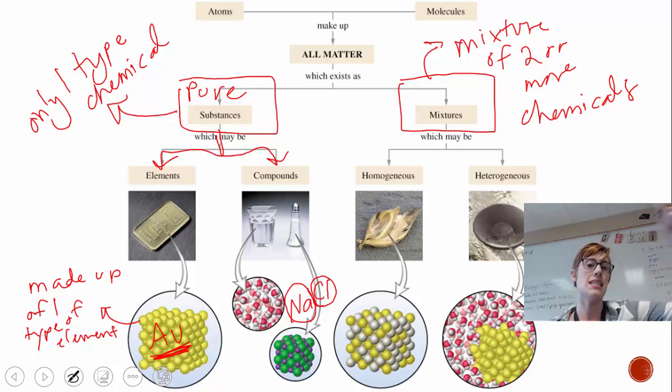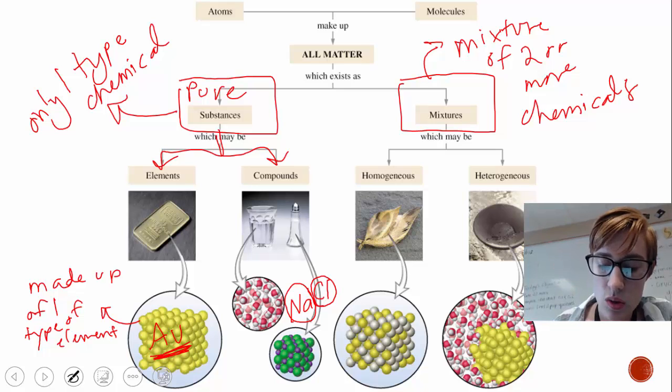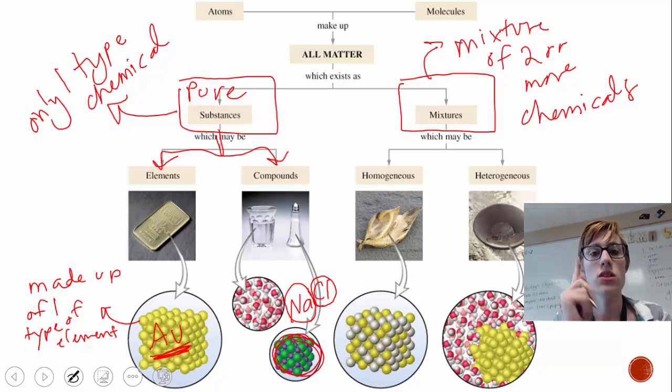NaCl is not Na separately floating around and Cl separately floating around. It's one compound, one chemical, sodium chloride. If you see the symbols or the names right next to each other, like sodium chloride or NaCl, that means it's bonded together and it's only one type of chemical, even though it's made up of more than one type of element.